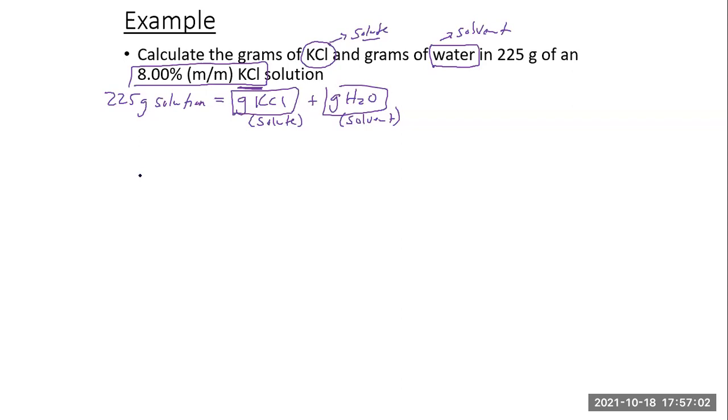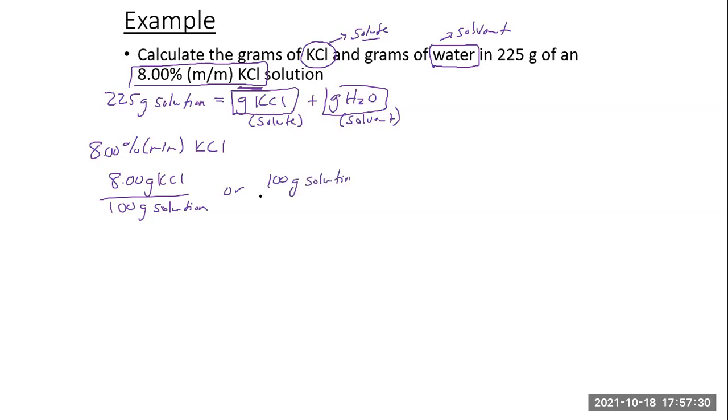So there's a couple different ways you could do that, but if it says it is 8% by mass KCl, that basically means that we have 8 grams of KCl in 100 grams of solution, which we could use as a conversion factor. In 100 grams of solution, we have 8 grams of KCl.